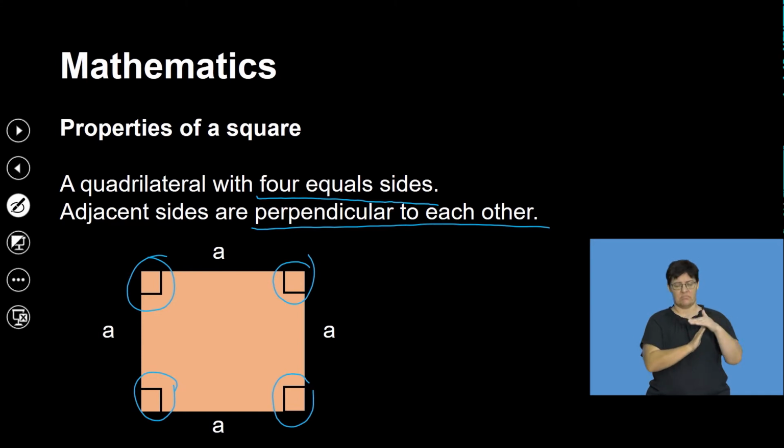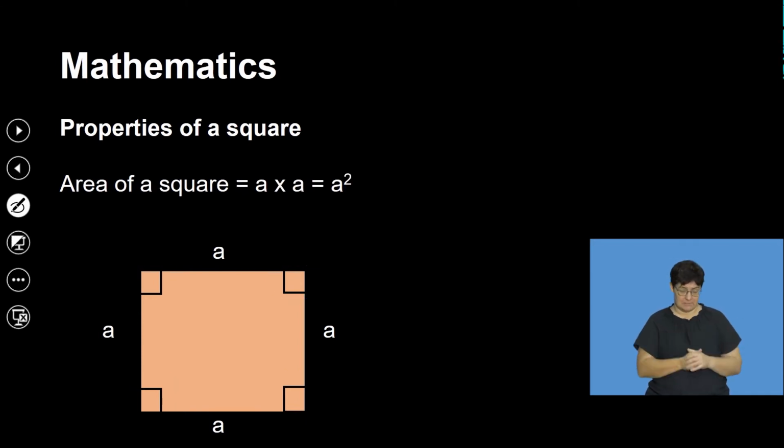So you know that the area of a square is given by a multiplied by a. Or rather, because this falls under rectangles, we can say it's length multiplied by breadth. But because the length and the breadth are equal, we just say length multiplied by length.